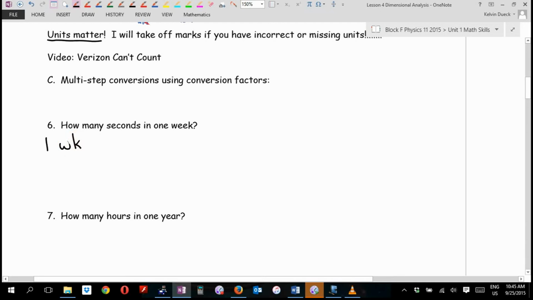I'll use WK for week. I want weeks to cancel. Where am I going to put it in the next fraction? I don't know how many seconds are in 1 week. Does anybody know any way to break up a week? Is there something you have memorized that you all know how many of something are in a week?